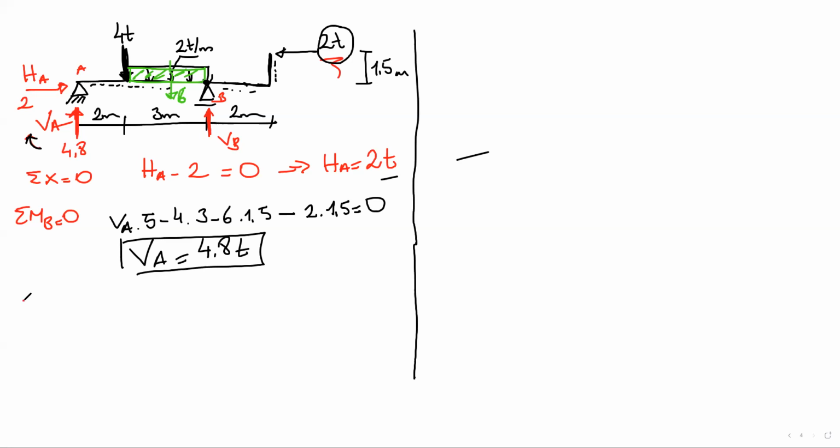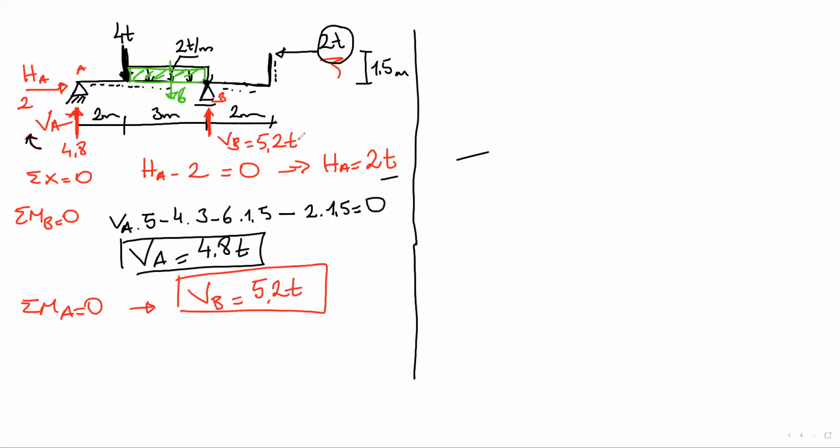If you do the total moment about A equals 0, we are going to get vertical B equals 5.2 pounds. You can do it by yourself. Now we have all the support reactions here.